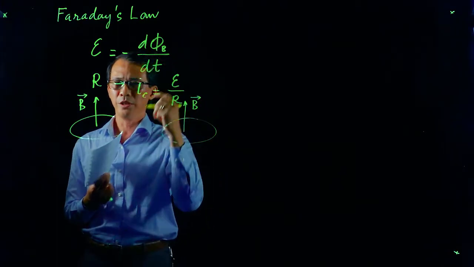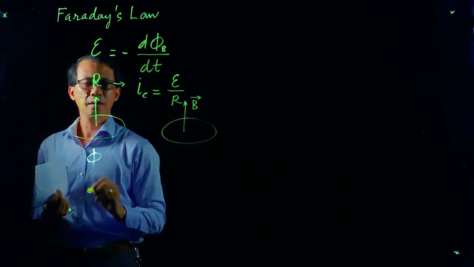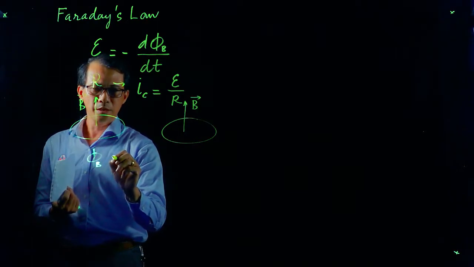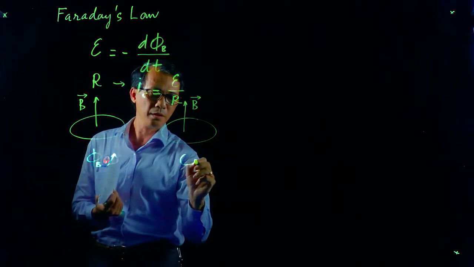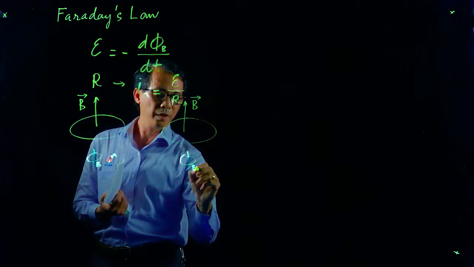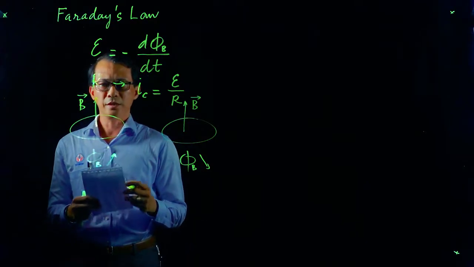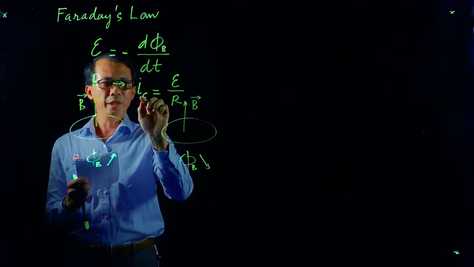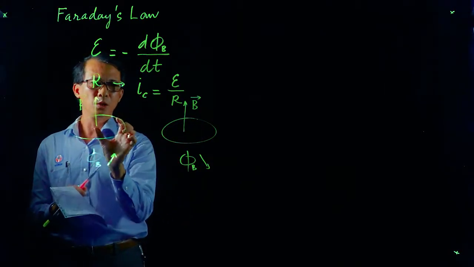This is vertical. Now, when the phi of this magnetic field through this loop is, let's say, increasing, or here in another one, phi B is decreasing, then what is the direction of the induced current in the two loops?